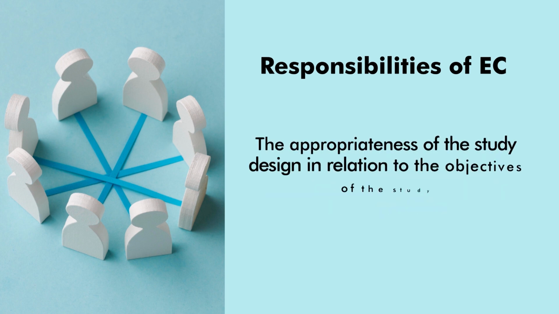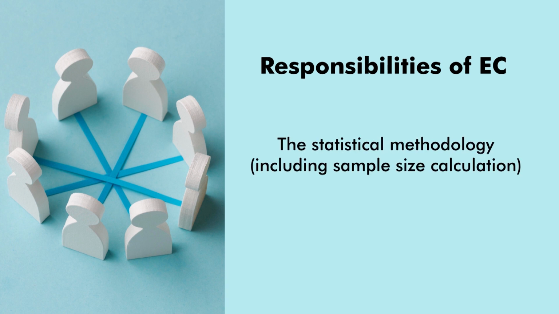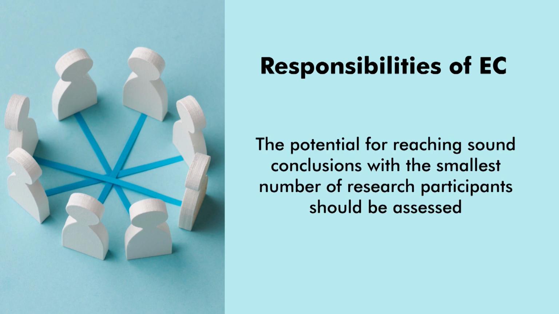The appropriateness of the study design in relation to the objectives of the study, the statistical methodology including sample size calculation, and the potential for reaching sound conclusions with the smallest number of research participants should be assessed.